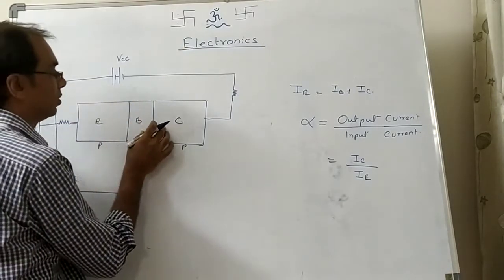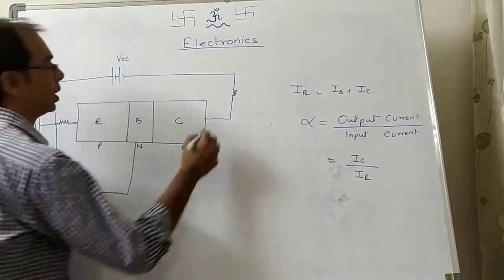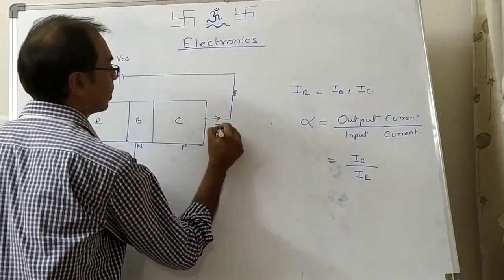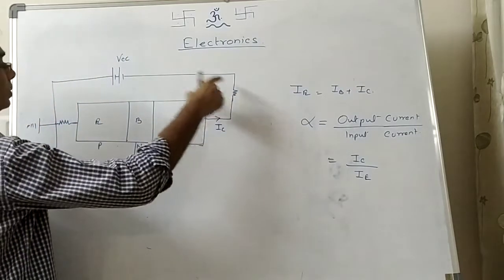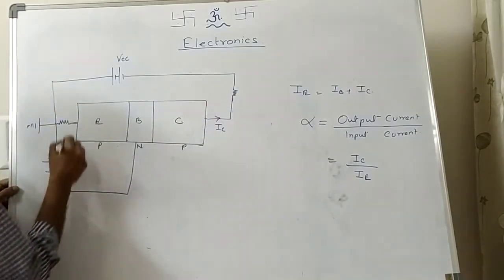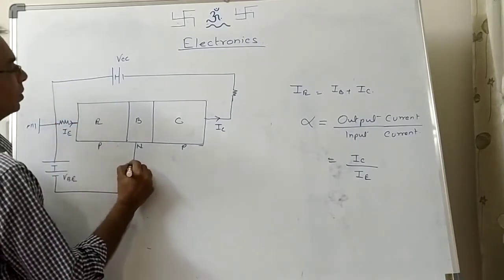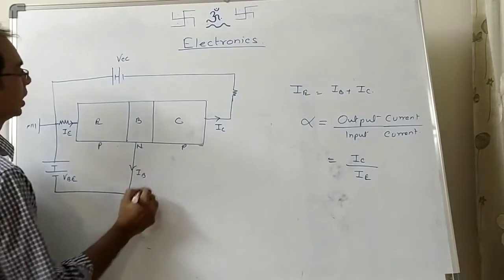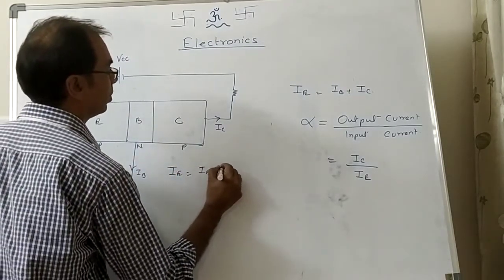And here this is reverse bias, so they will be jumping onto that side. So no doubt about that. We are going to get IC like this. Okay, IC coming like this here. Okay, IE will be here, and from here IB will be coming. Again, IE equal to IB plus IC.